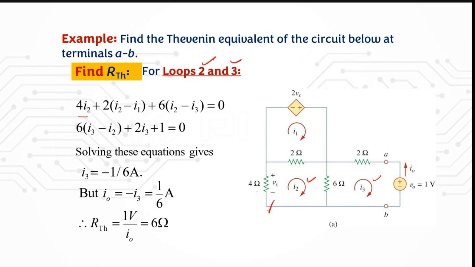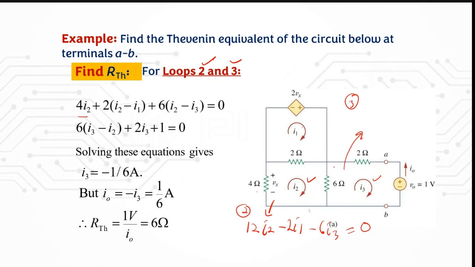Or you can just sum this 4 plus 2, 6 plus 6, which gives 12 I2 minus 2 I1 minus 6 I3 equal to 0. So this is going to be your mesh equation at loop 2.